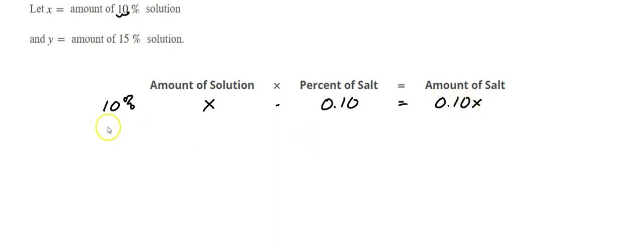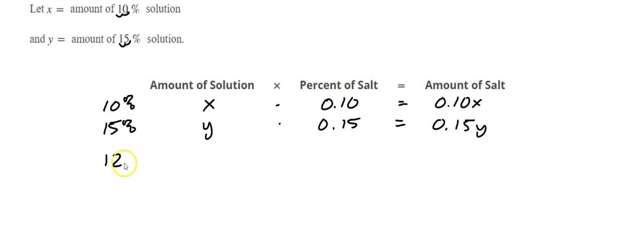Well, how about our 15%? It's going to have y. Multiply by 0.15. Move the decimal place over. That's now going to be 0.15y.